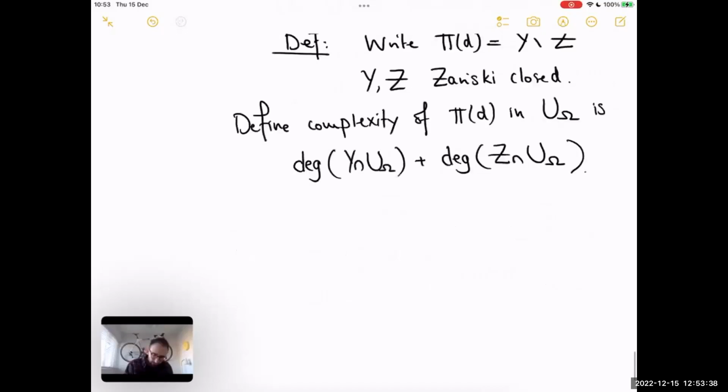And so the two theorems are that, well, first of all, the complexity of pi d is bounded.